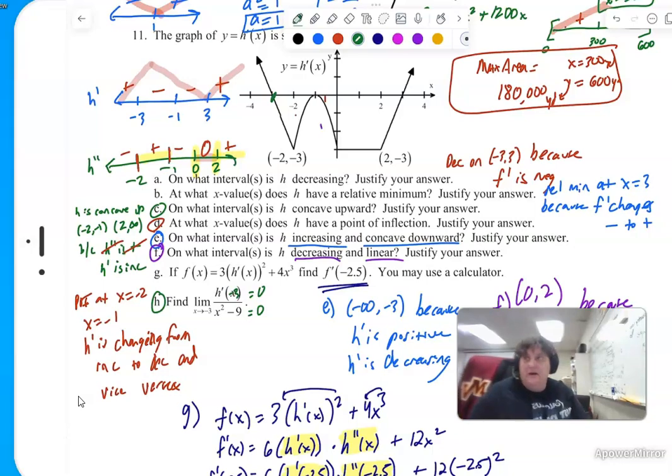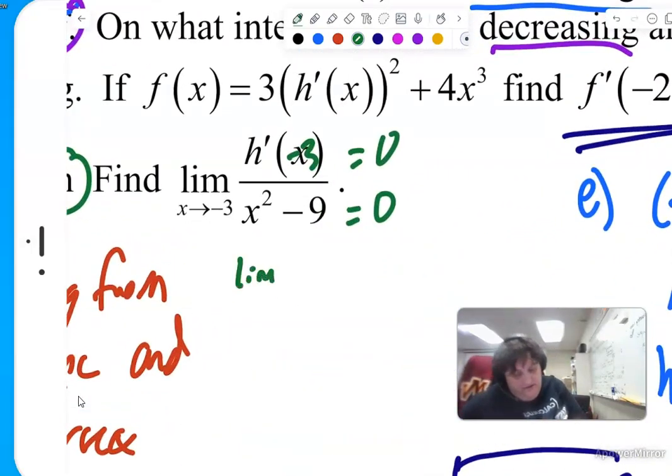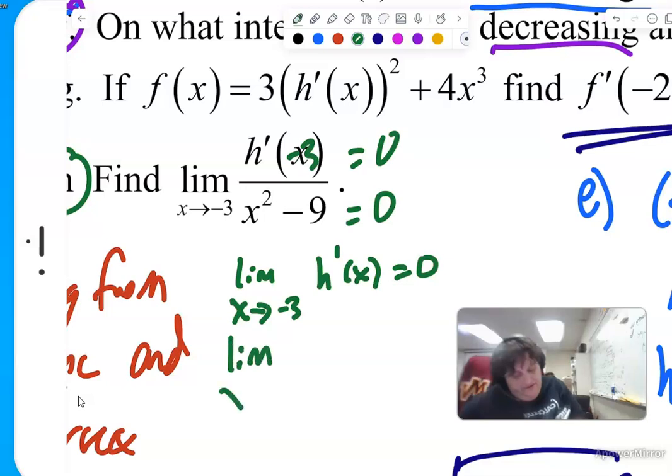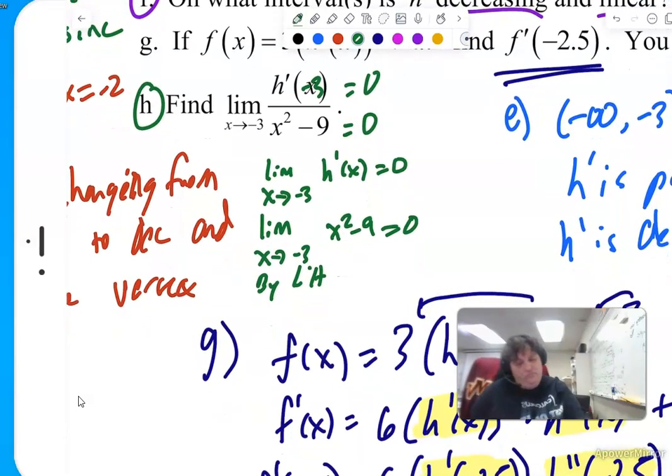Now, this is how I talked to you guys about this on the last test. This is how I want you to write it, okay? I want you to say the limit as x approaches negative 3, h prime equals 0. The limit as x approaches negative 3, x squared minus 9 is 0. And then just say by L'Hopital. And then we're going to do the actual problem.